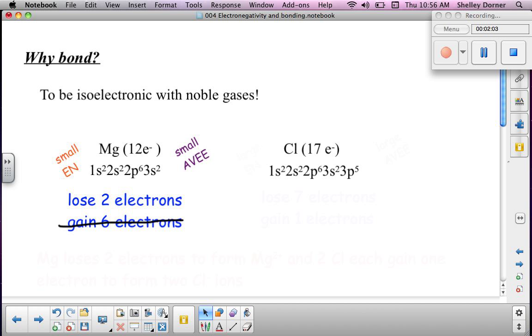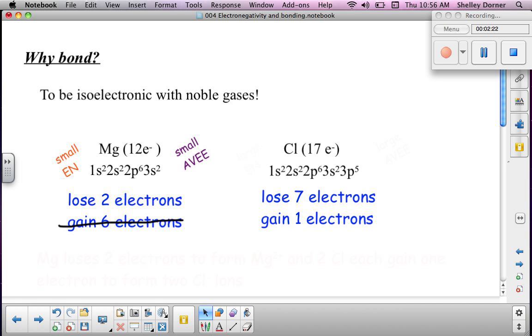Likewise, magnesium also has a relatively small electronegativity. That small electronegativity means that magnesium lacks the ability to draw 6 new electrons to itself. So magnesium, in forming chemical bonds, is going to lose 2 electrons.